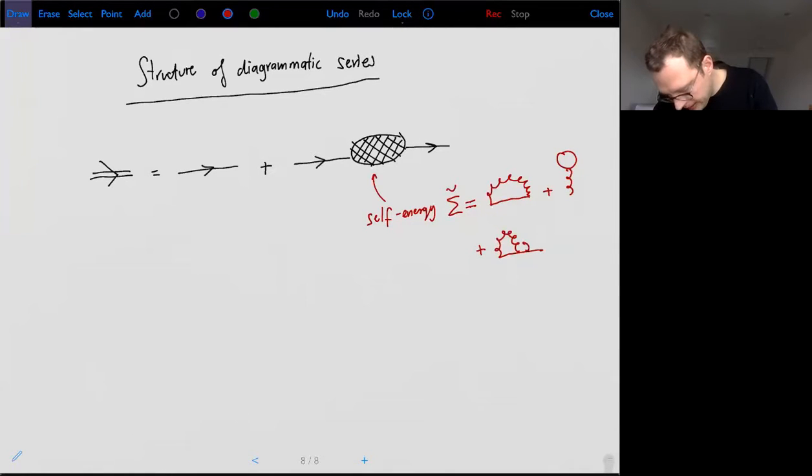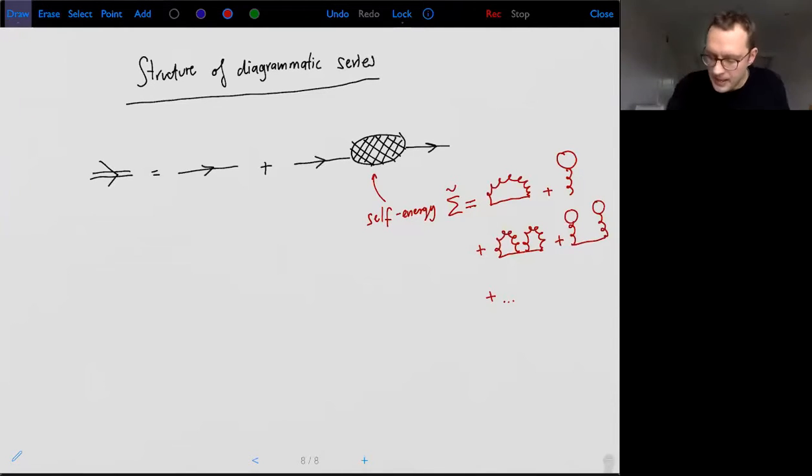I've just basically cut off these Green's function lines in all diagrams. Okay. So I've been able to represent this infinite series in this very simple way, where of course I've just put all the complexity into this new object called the self-energy.